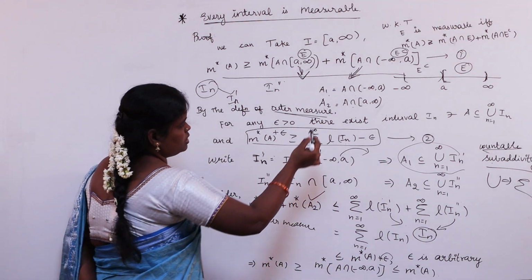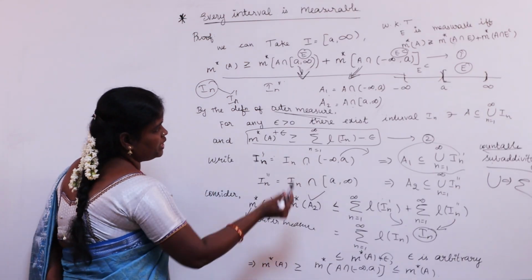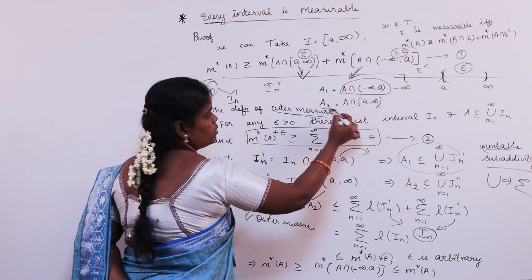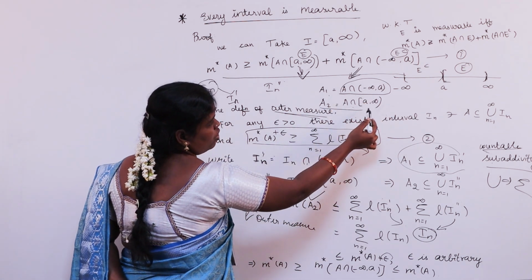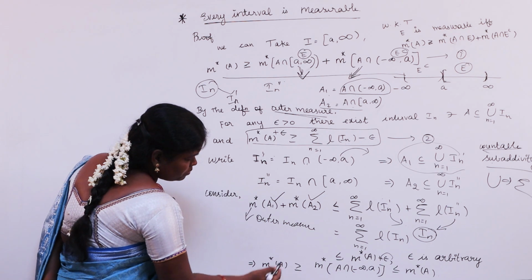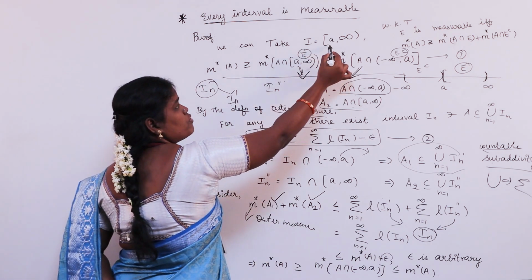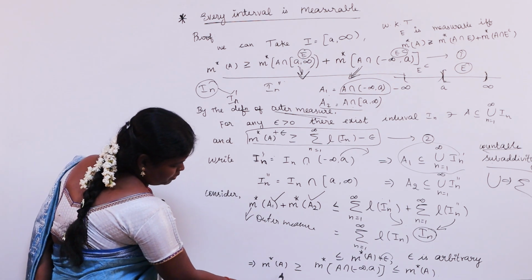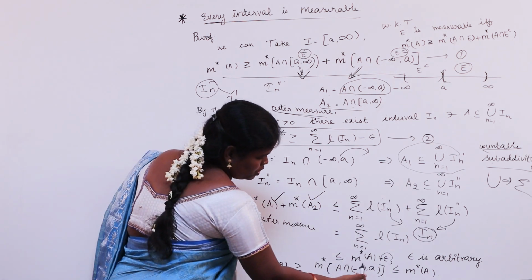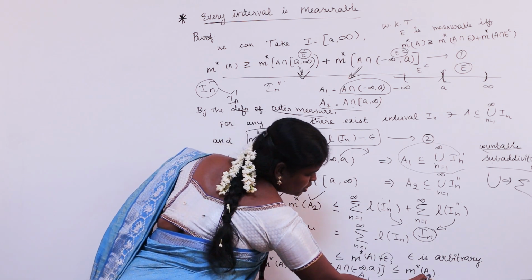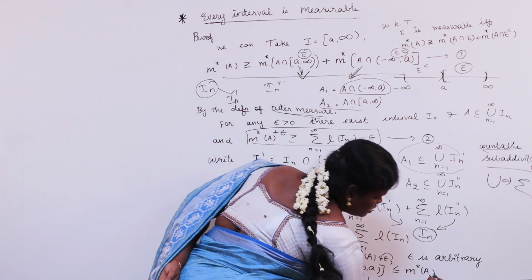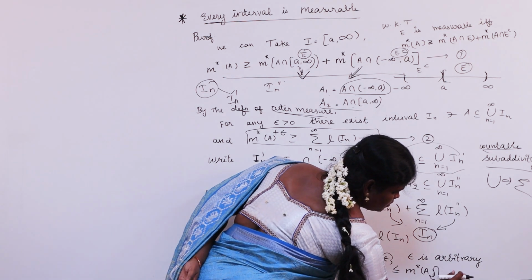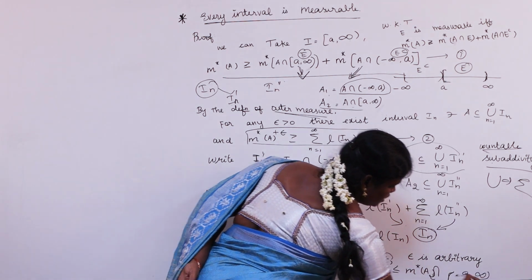Previously we considered A1 as A intersection minus infinity comma A, and A2 as A intersection half open A comma infinity. So I conclude that outer measure of A is greater than or equal to outer measure of A1 plus outer measure of A2, that is A intersection A comma infinity.